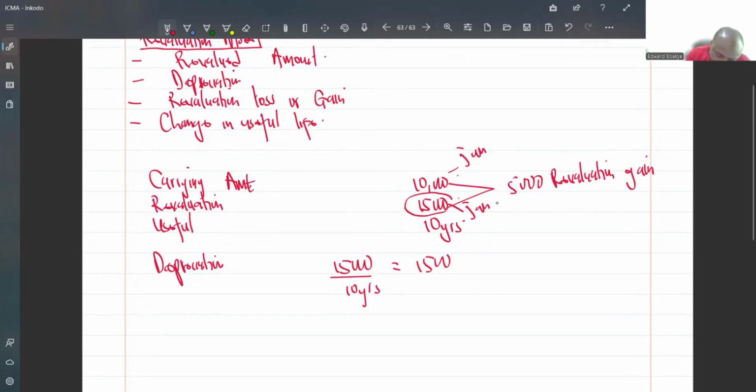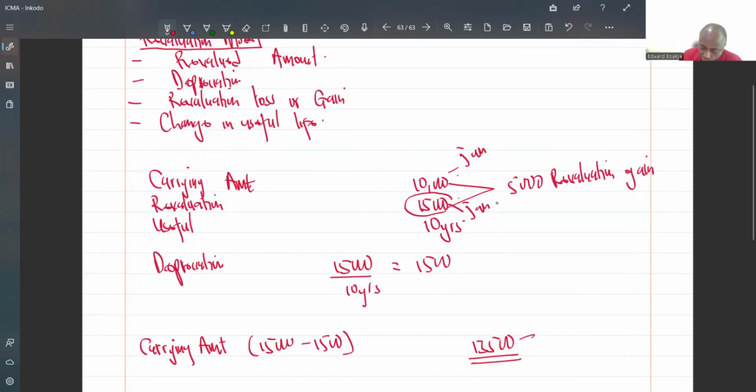So at the end of the year, the carrying amount is going to be 15,000 minus 1,500, which will give me 13,500. This will be the carrying amount in your financial position. But the depreciation will go to the P or L. So basically, this is revaluation at the beginning of the year.